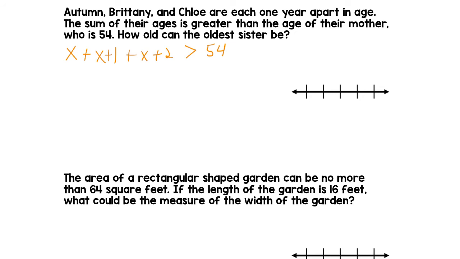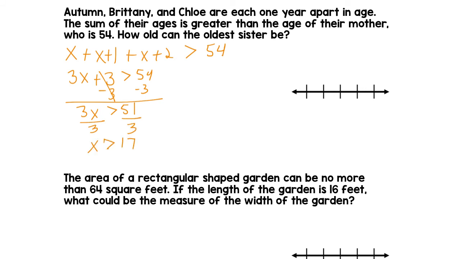All right, so combine like terms. I've got 3x plus 3 is greater than 54 here. You can subtract 3 from each side and get x alone. 3x is greater than 51. Divide by 3. I get x is greater than 17. Solution set, x given that x is greater than 17.